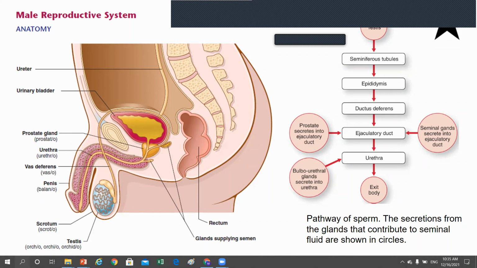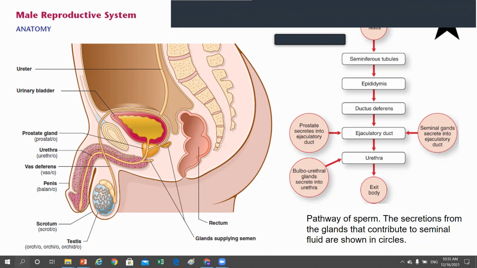This sperm will meet with the ovum. The process of fertilization will take place, and then it will create a new cell that we call zygote. All of us started as a zygote.